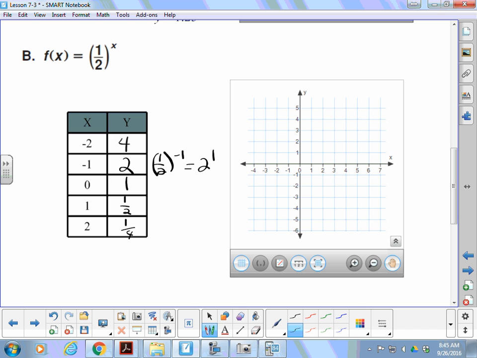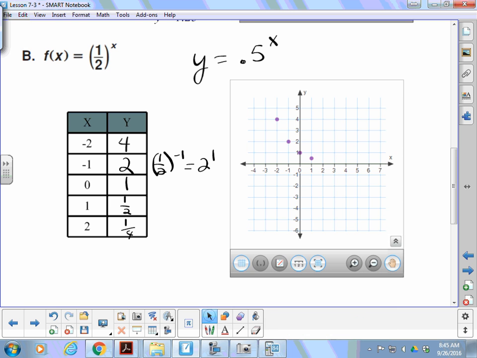Okay, so we plot those points. So -2, 4; -1, 2; 0, 1; 1, 1/2; and 2, 1/4. All right, so that's y equals 0.5 to the power of x.